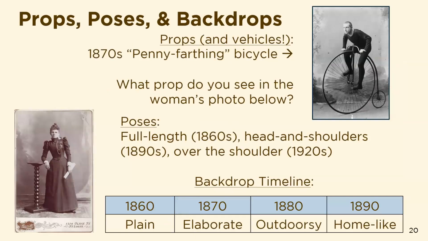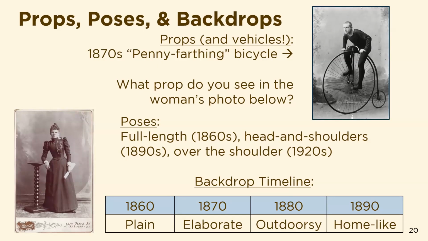Okay, props, poses, and backdrops. These props that you see, for instance, this lady with the table, that could date back to the 1860s. They were big on having you lean on a table.